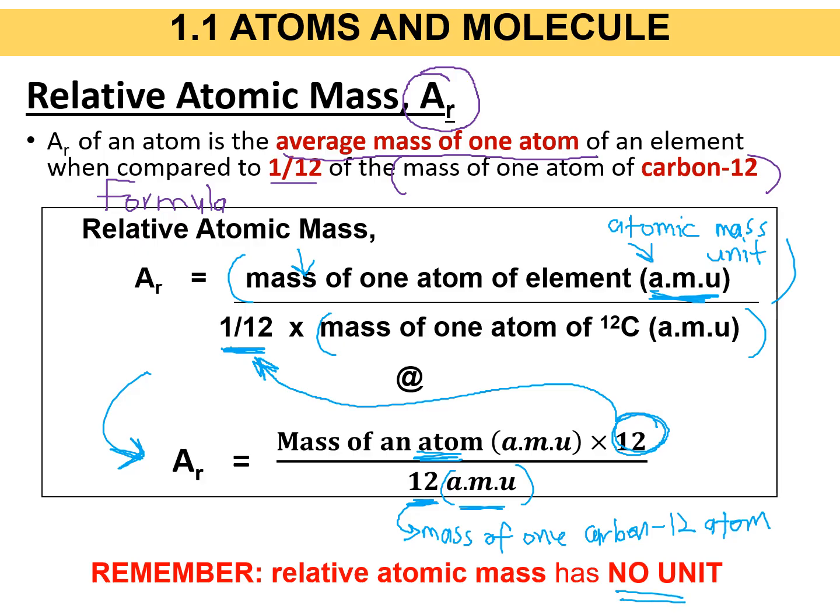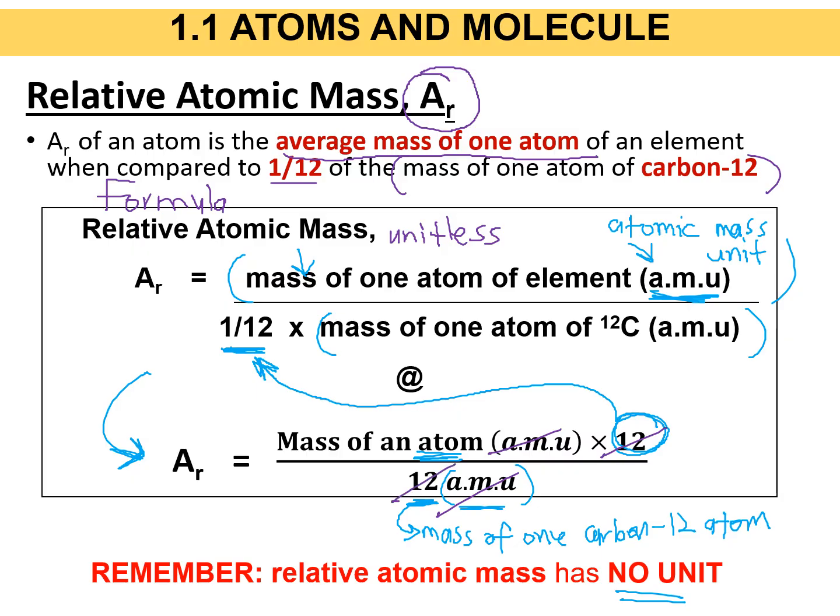Basically, relative atomic mass is unitless. How can it be unitless? Because the mass of the atom you want to find, in AMU, is cancelled with the mass of the carbon-12 atom in AMU. So it has no unit, and this 12 cancels out with the 12.